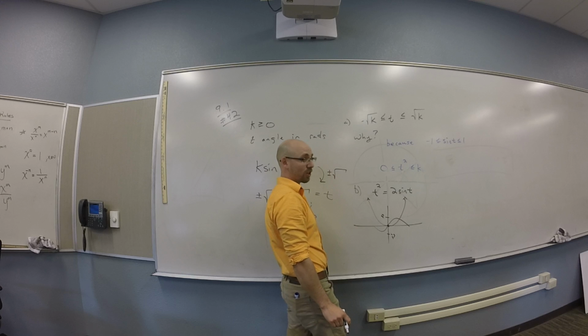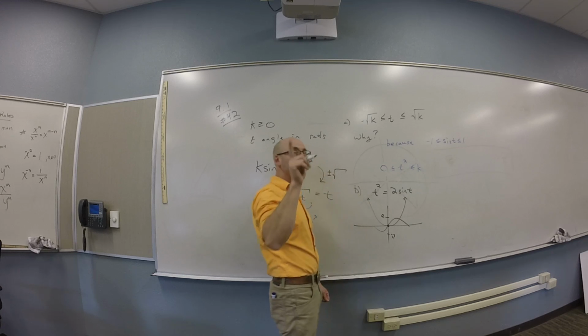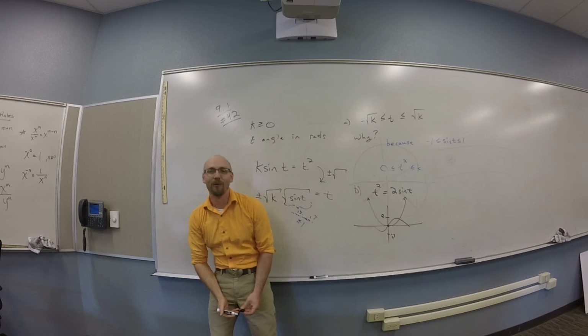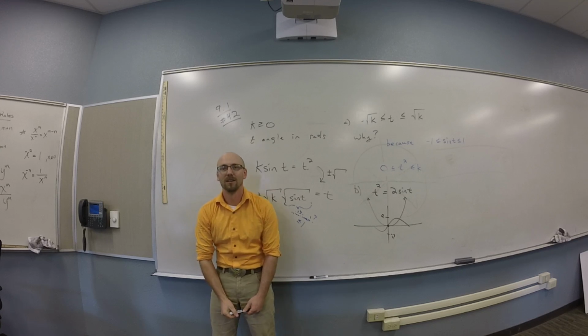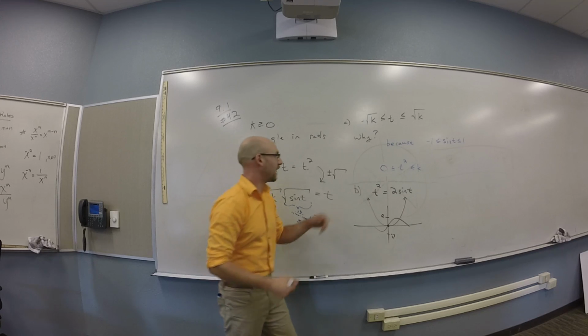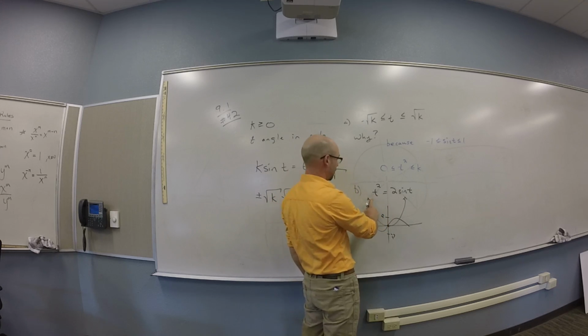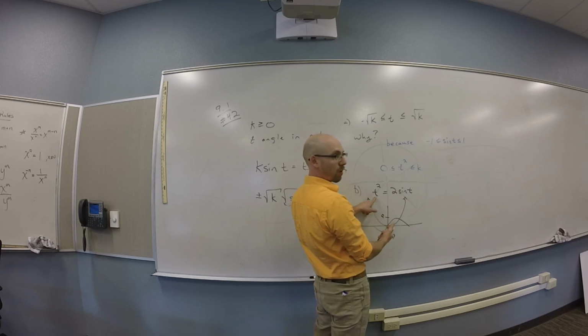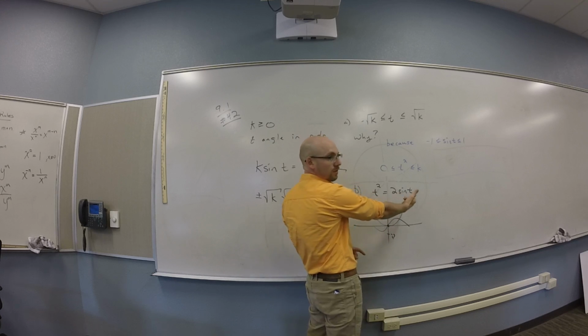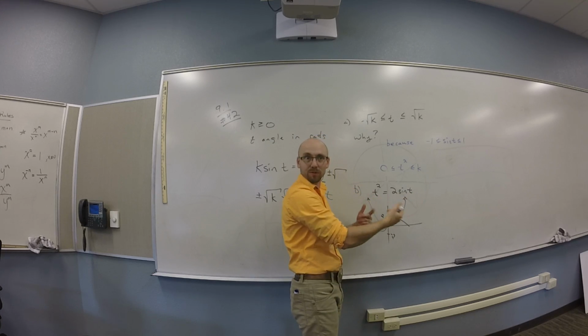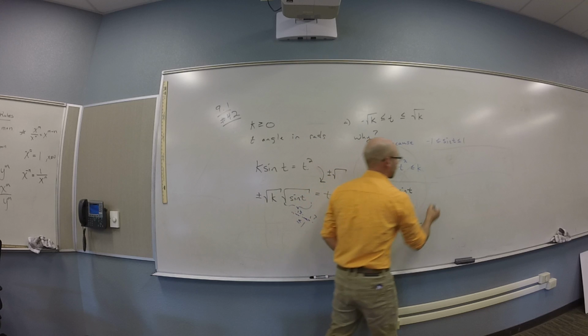I'm sure that my picture's all jacked up. But at least one of these things I know right off the bat. It's equal at 0, and whatever that other thing is. If I plug 0 in, I get 0 for t squared and sine of 0 is 0, so I get 0 equals 0. Cool. So I got one solution, right?